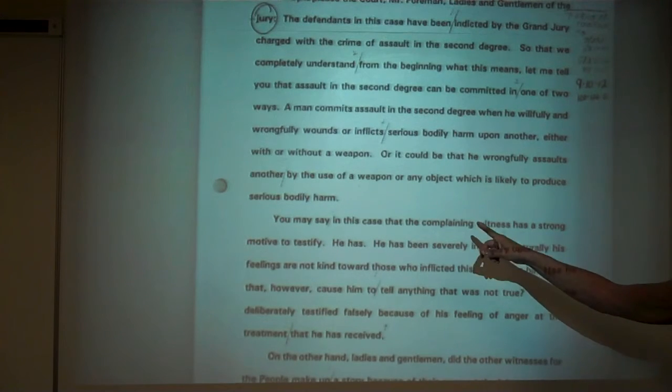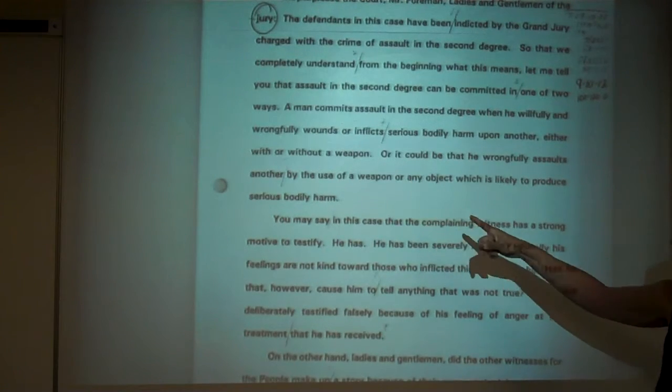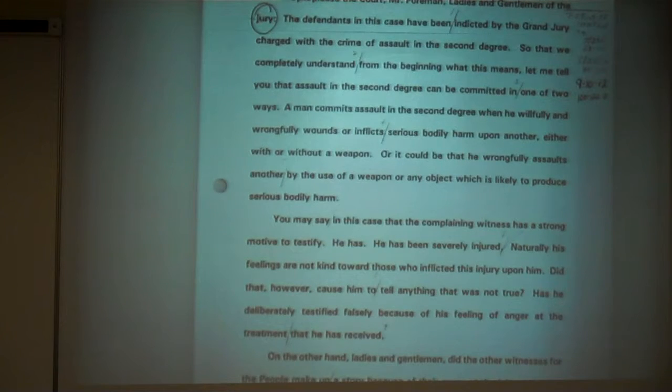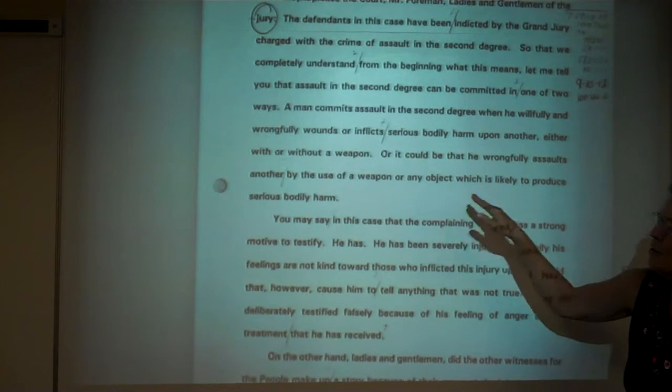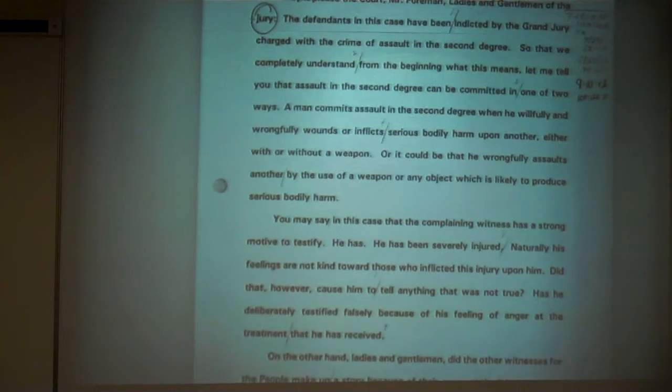And here's another sentence that starts with or. So you don't want run-on sentences by any means. So that we. And if you would have continued that on, it would have really been a long, drawn-out sentence.